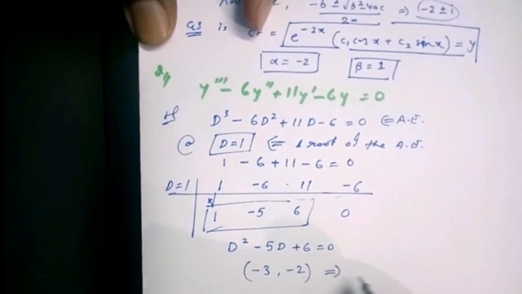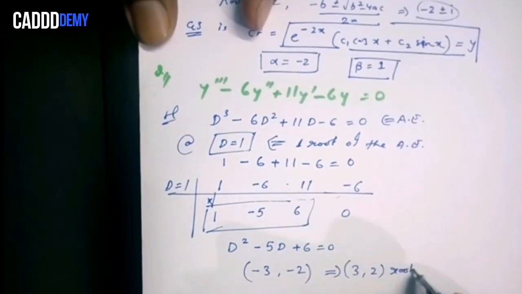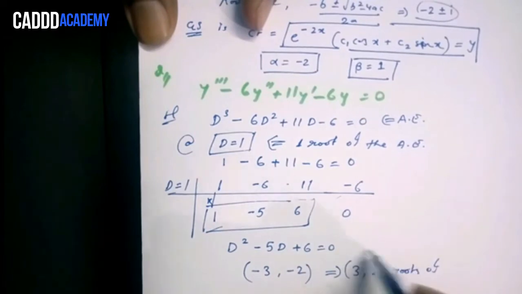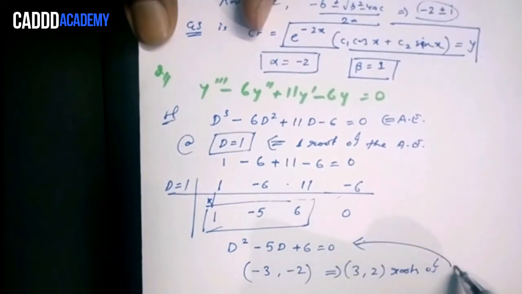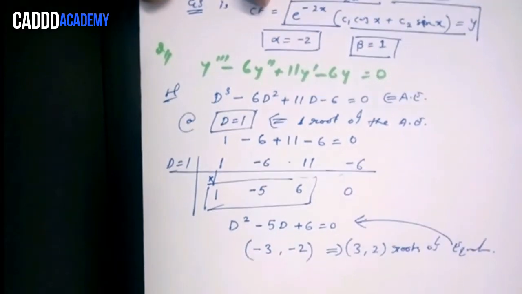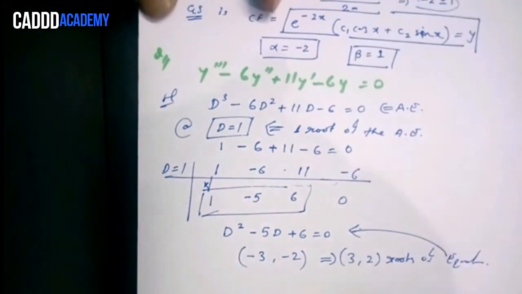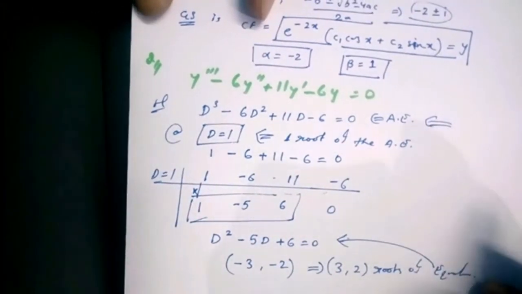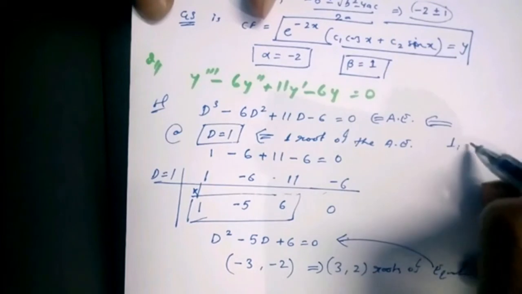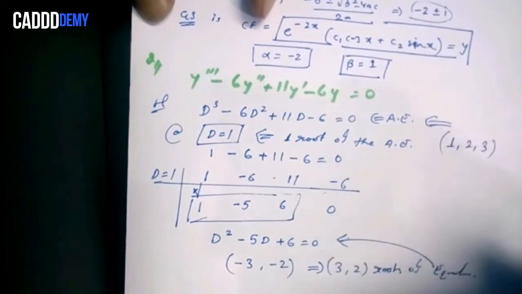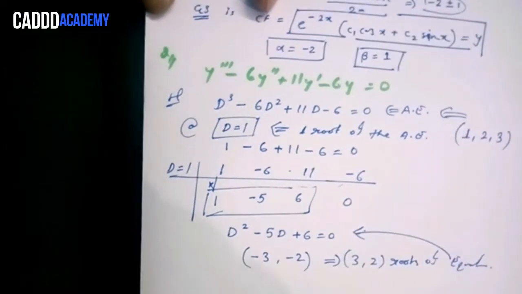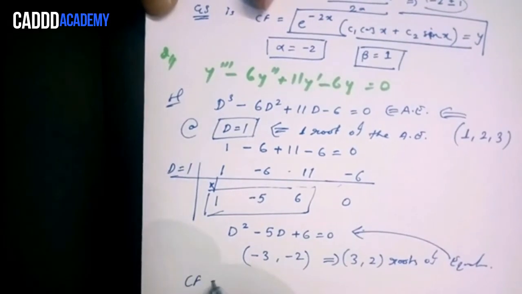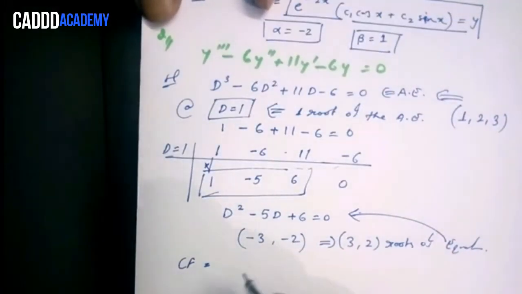So just change the sign: 3 and 2 are the roots of this equation. So we got the three roots of this auxiliary equation, which are 1, 2 and 3.